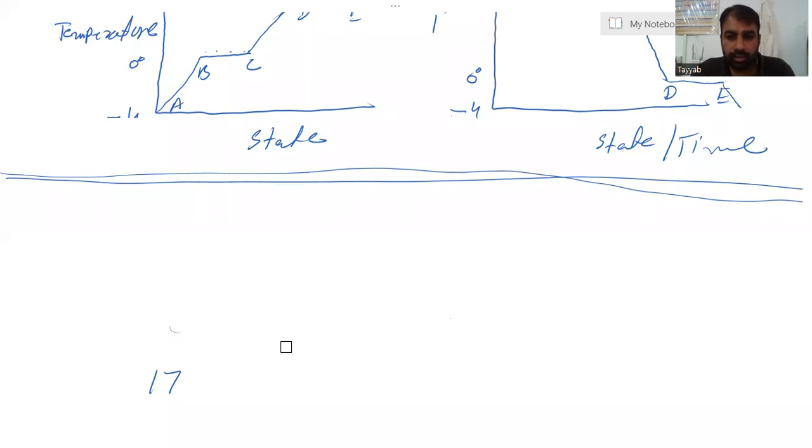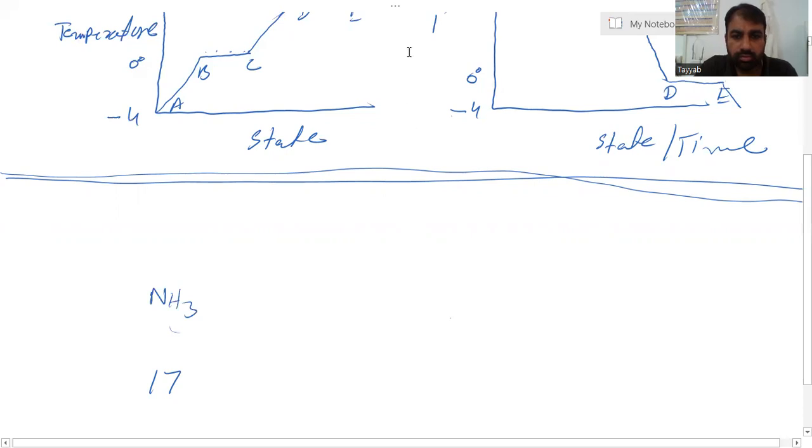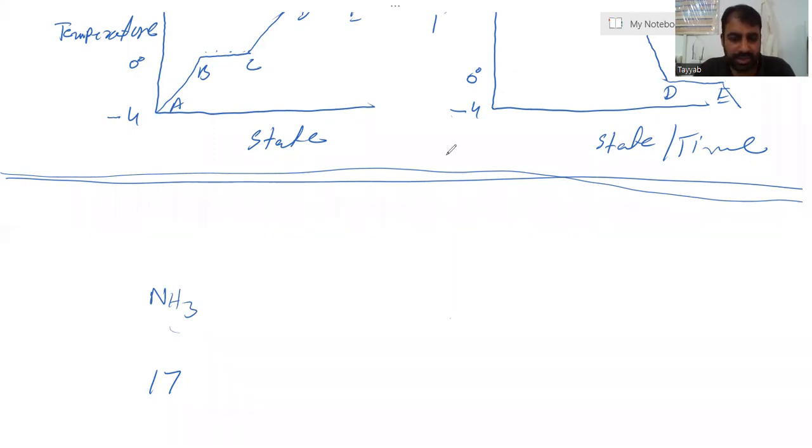Here, chlorine. Chlorine has 2 isotopes. In this checklist, he's asking that students should know how to calculate relative atomic mass.